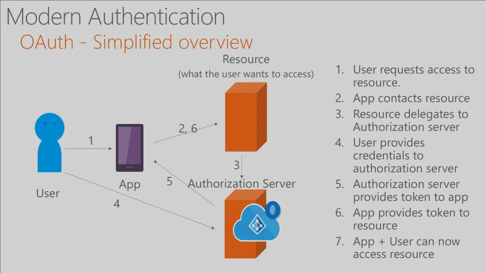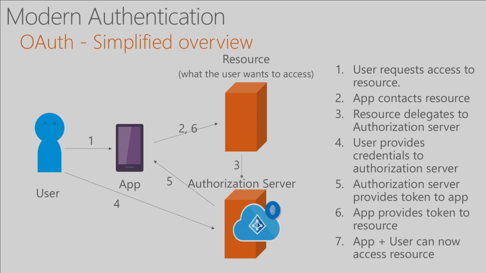There are about 7 steps in the entire process. User requests access to the resource, which is, I want to access the Skype for Business app. The app contacts the resource. The resource delegates to the authorization server, which is essentially giving you the challenge, the token. The user provides credentials to the authorization server. Authorization server provides token back to the app, and app provides token back to the server.